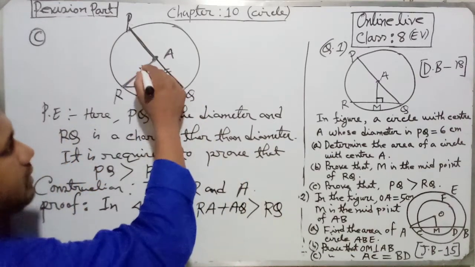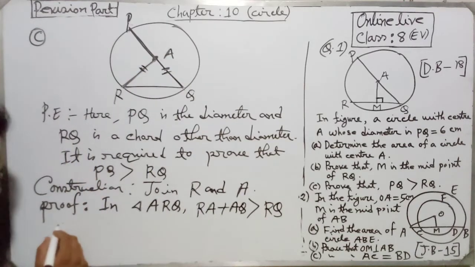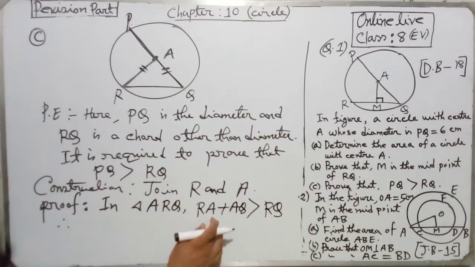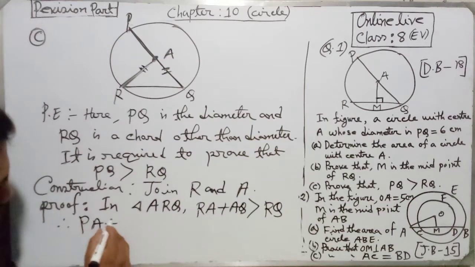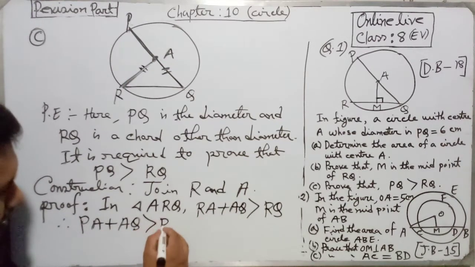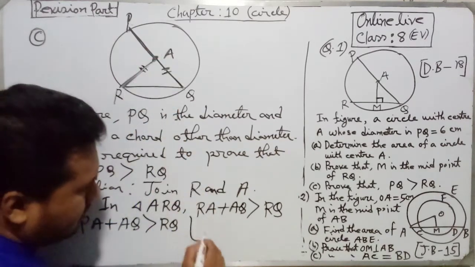So these two sides, their sum will be greater than RQ. Now dear students, therefore RA, this RA we can write PA plus AQ greater than RQ. Now why are RA and PA both the same?